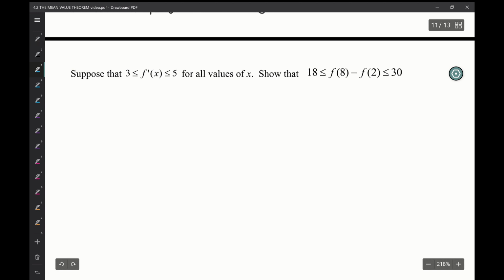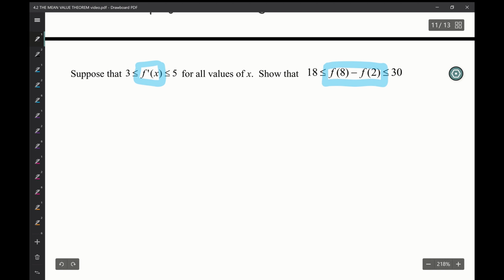Okay, so suppose that 3 is less than or equal to f prime of x, which is less than or equal to 5, for all values of x. We want to show that 18 is less than or equal to f of 8 minus f of 2, which is less than or equal to 30. So we need to connect this f prime of x to this f of 8 minus f of 2.